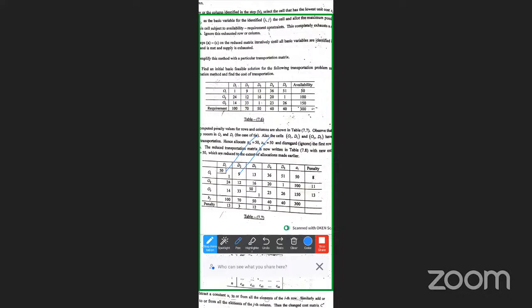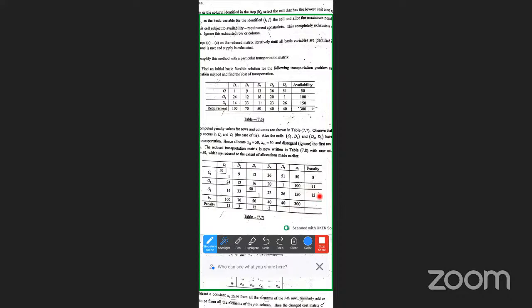So penalty is the second least element minus the first least element: 9 minus 1 equals 8. So the first row penalty is 8. Similarly the second row: the least element is 1 and the second least element is 12. So 12 minus 1 equals 11. So the penalty for the second row is 11. The third row: the least element is 1 and the second least element is 14. So 14 minus 1 equals 13. So these are all the penalties for rows.